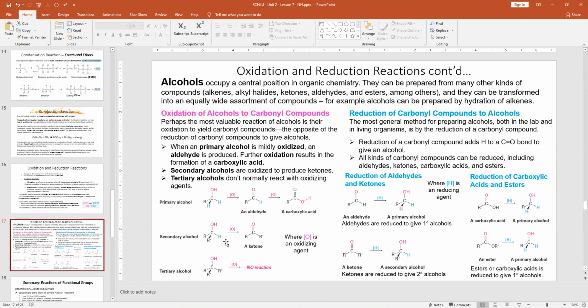You can have your secondary alcohol oxidized to a ketone, or you could have your ketone reduced to a secondary alcohol. You could have your carboxylic acid reduced to a primary alcohol, or you could have your ester reduced to a primary alcohol. Both of these are possible. And with tertiary alcohols, there's no oxidation reaction.